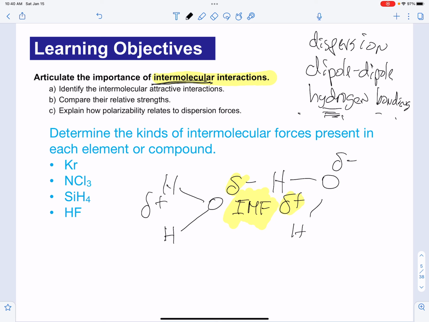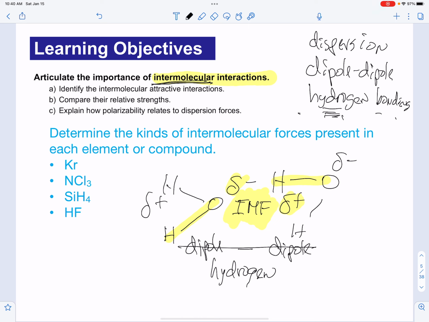And the intermolecular force is between a dipole and a dipole. So this is a dipole-dipole force. However, it's an OH. It's a super dipole. So we're not going to call it dipole-dipole. We're going to call it hydrogen bonding because it involves the interactions of two super dipoles.